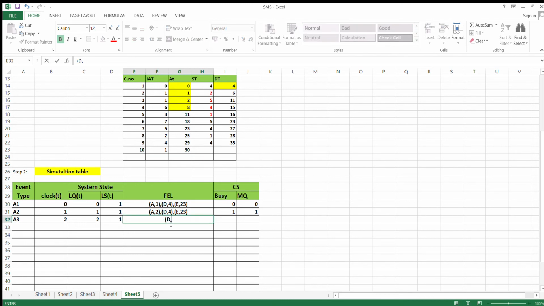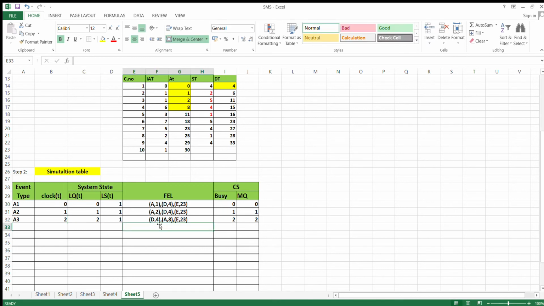So write down D comma 4, then in chronological order A comma 8, E comma 23. Busy time: current arrival A3 minus previous arrival A2, 2 minus 1, 1 plus 1, 2. Number of customers waiting in the queue is 2, so write down 2.